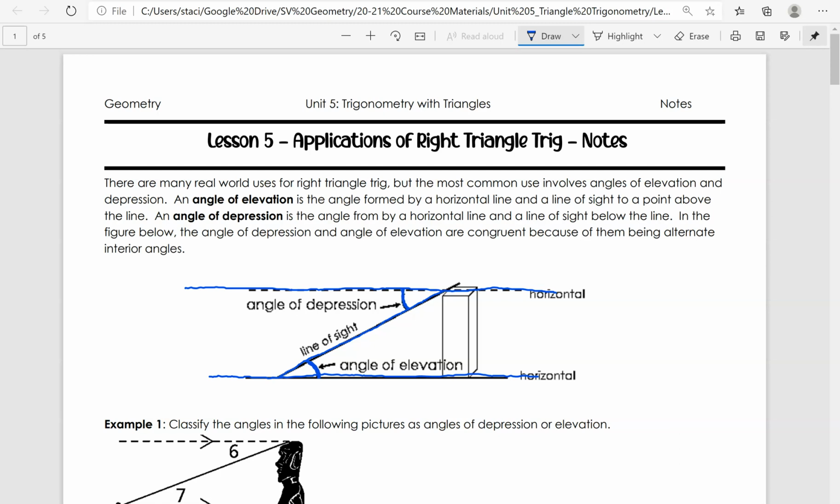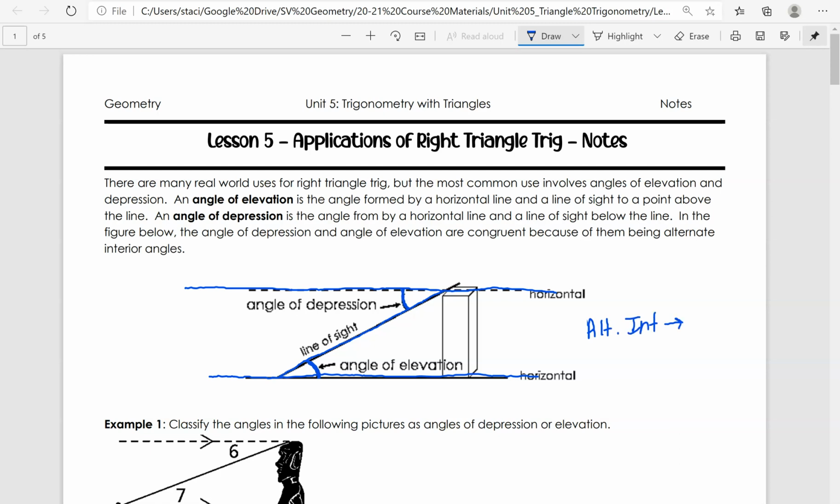In this particular example, one thing to be mindful of, and you'll see it as we start doing some problems, is we know that two horizontal lines are going to be parallel to each other. And so if I think of my line of sight, it would essentially be a transversal line. In this example, this angle of depression and this angle of elevation are what we would consider alternate interior angles.